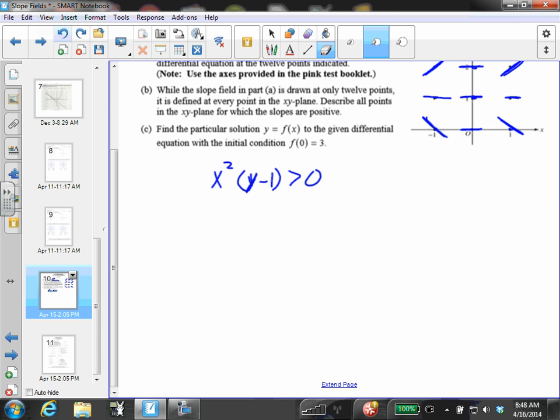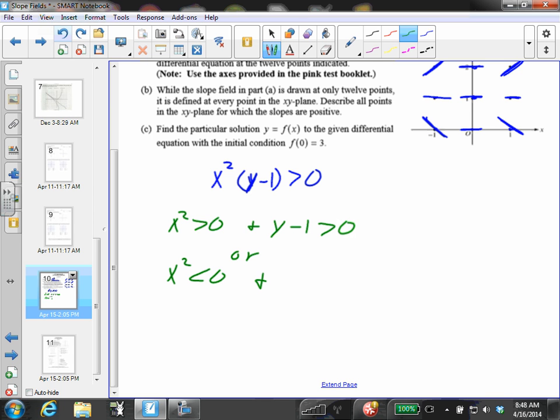So let me just talk about it like this. We need to think about where x squared is greater than 0 and y minus 1 is greater than 0. Or we need to think about where x squared is less than 0 and y minus 1 is less than 0. Okay, so those are our two options. Now, when you start looking at this, the top one makes sense.